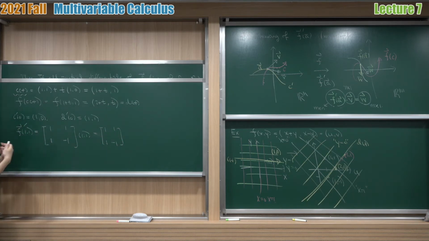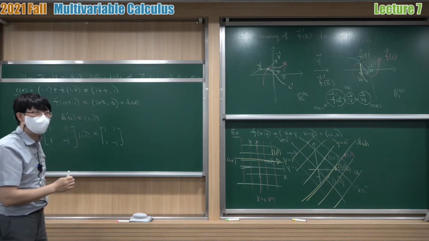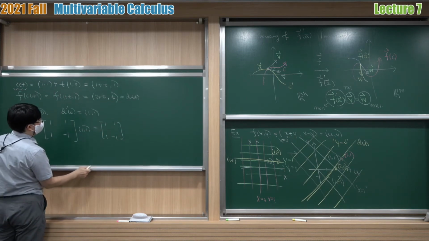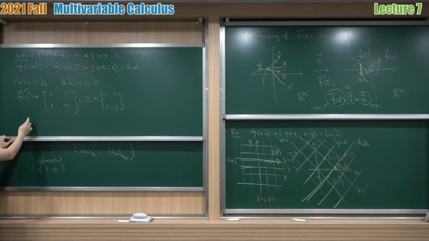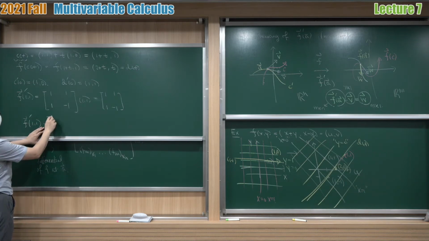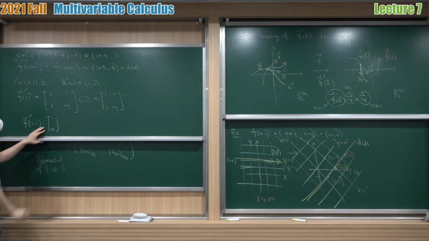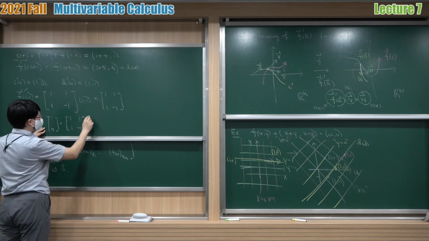So we can only talk about the tangent vector starting at the 1, comma 1 position, and how much it moves in the target domain. So let's think about the multiplication of this derivative with the 1, comma 0 direction. So then I have [1, 1; 1, -1] times [1, 0].